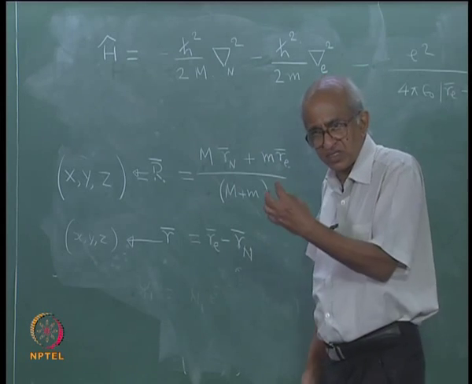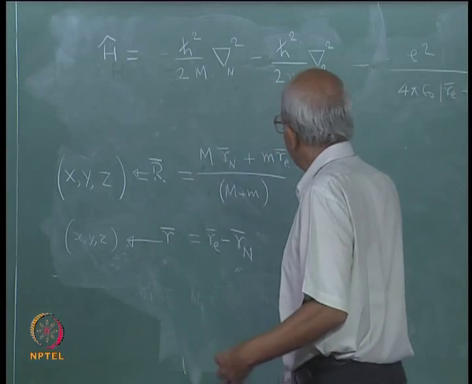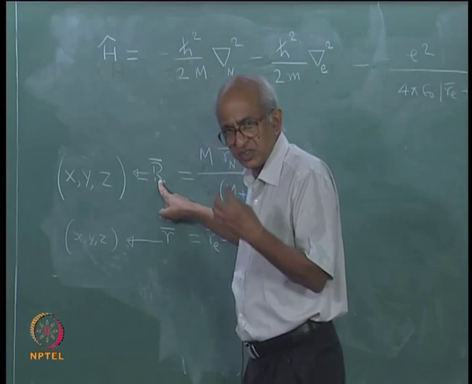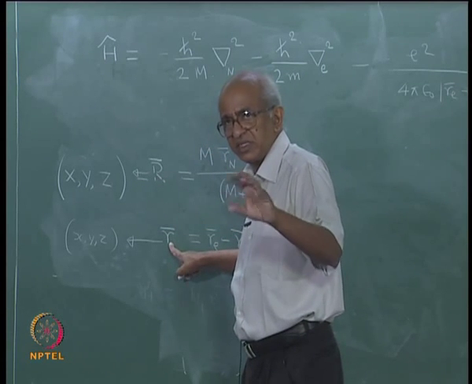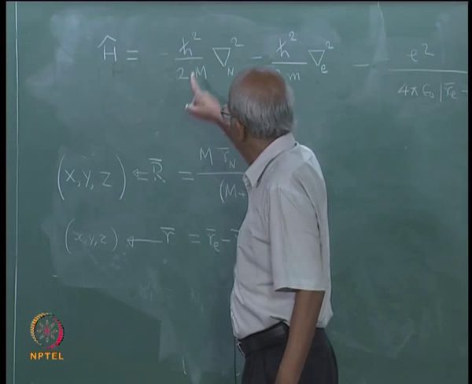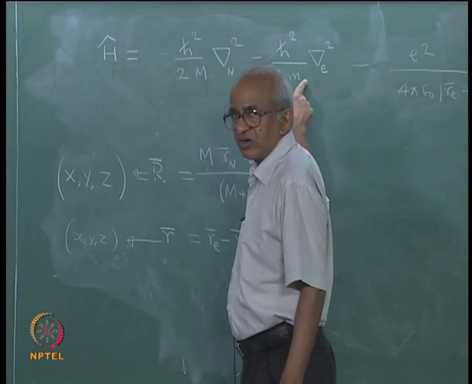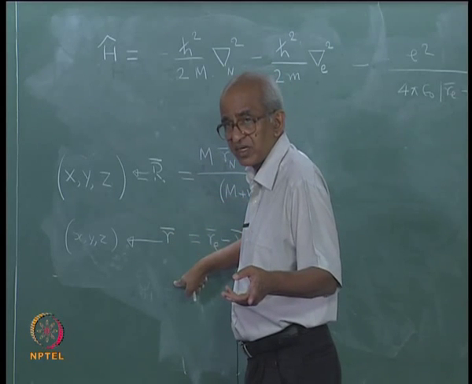I want to describe the center of mass motion of the system as a whole. If I want to do that, I should express everything in terms of capital R, which stands for center of mass motion, and in terms of small r, which represents relative motion. So this Hamiltonian, which is expressed in terms of nuclear and electronic coordinates, you have to change over to center of mass and relative coordinates.